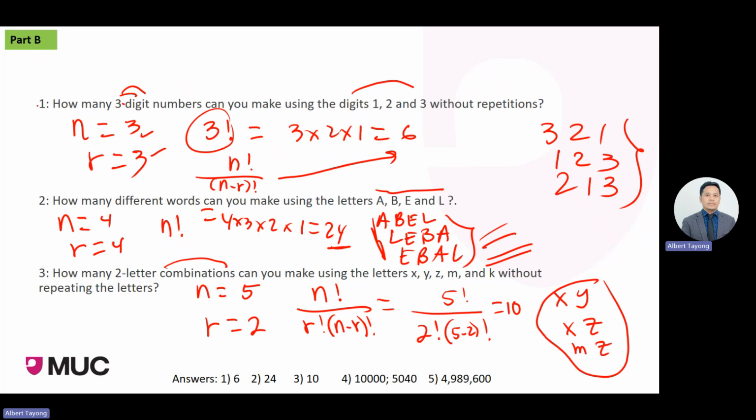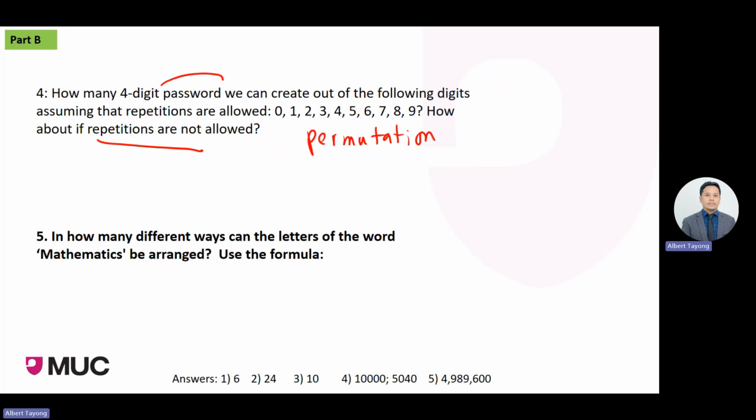Here it is not mentioned, but it's very clear. Words, permutation. 3-digit numbers, permutation. The word password itself or PIN tells us that it's about permutation. So permutation with repetition, the formula is n raised to the power of r.